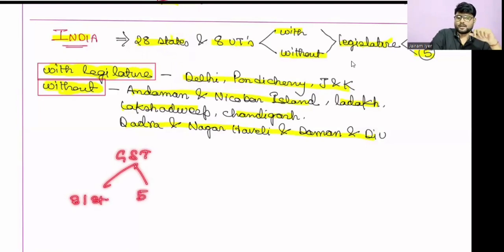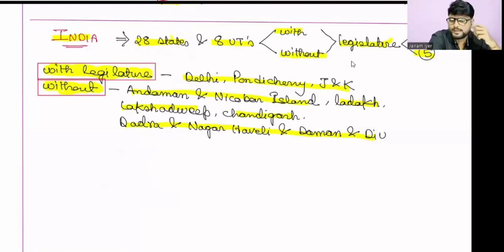So can anyone say how many SGST Acts are there in India? When I say that each state has its own SGST Act, 31. Correct. So there are a total of 31 SGST Acts.